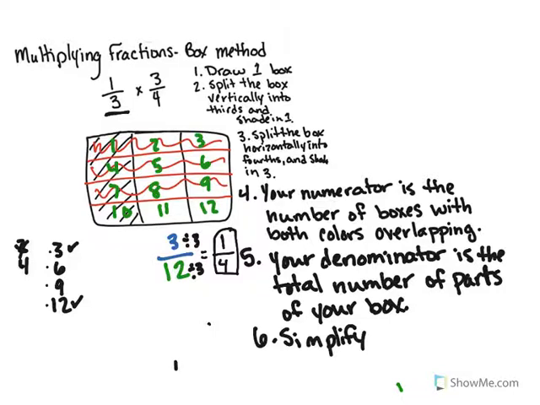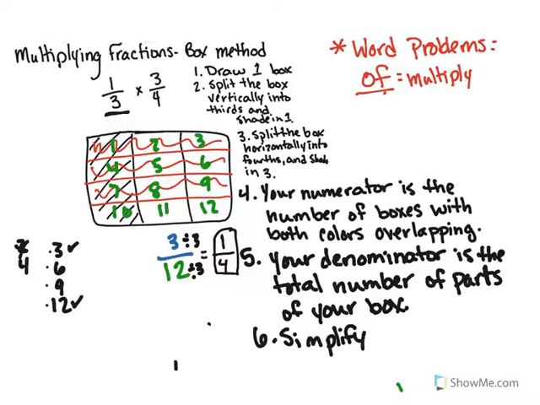It's also very important to note that in word problems, you will see the word "of," and if there are fractions, you're finding a fraction of another fraction. "Of" means multiplication. You're going to multiply.